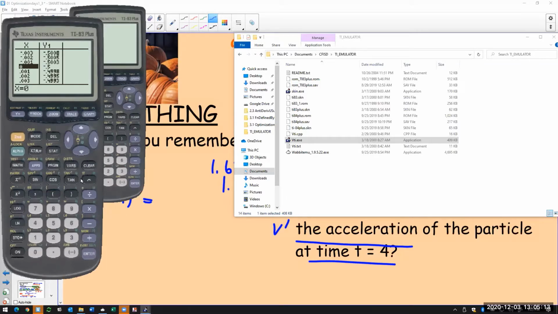If you go to the old calculator, let me clear my screen here, second quit. What you would do is you hit math 8. You have nDeriv. You would put your function in that. What's your function?